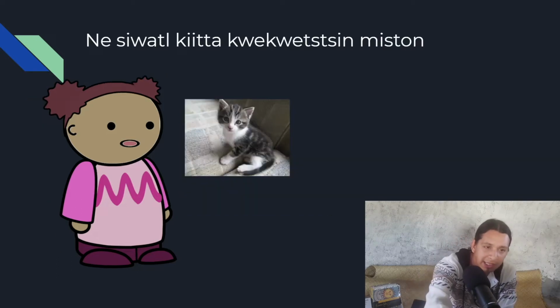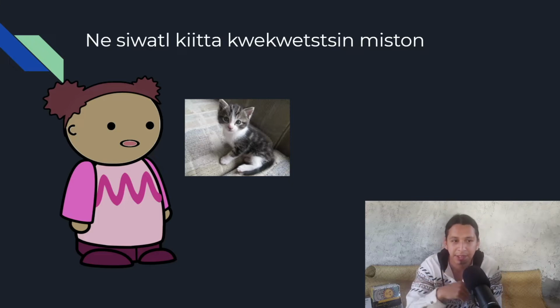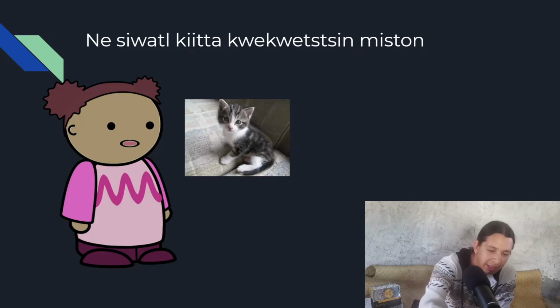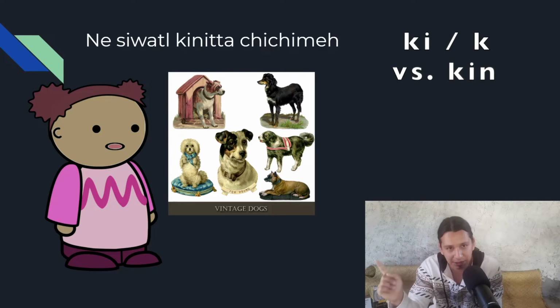Sometimes it's k and sometimes it's ki. That k or ki sound means it, one thing. When it's more than one, it becomes kin, with a little extra n at the end. Ki is for one thing that you're doing an action to.